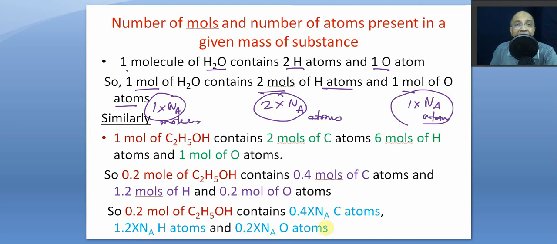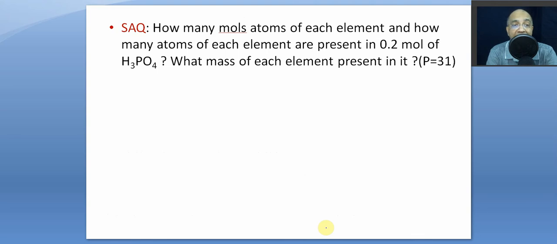Let us solve a problem together. How many moles of atoms of each element and how many atoms of each element are present in 0.2 mole of phosphoric acid? What mass of each element is present in it?